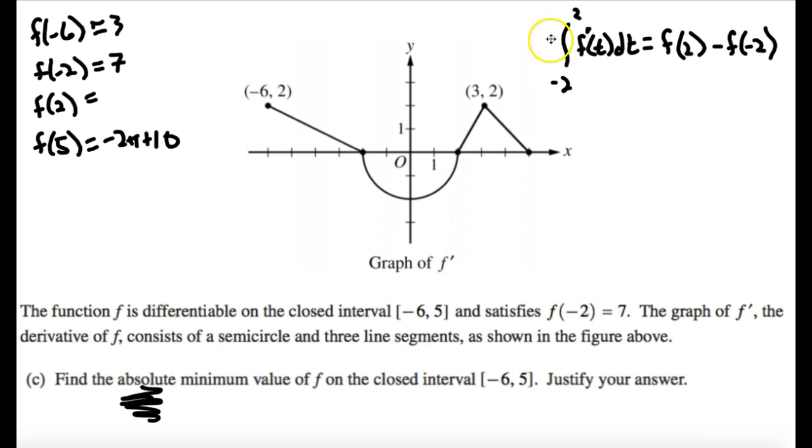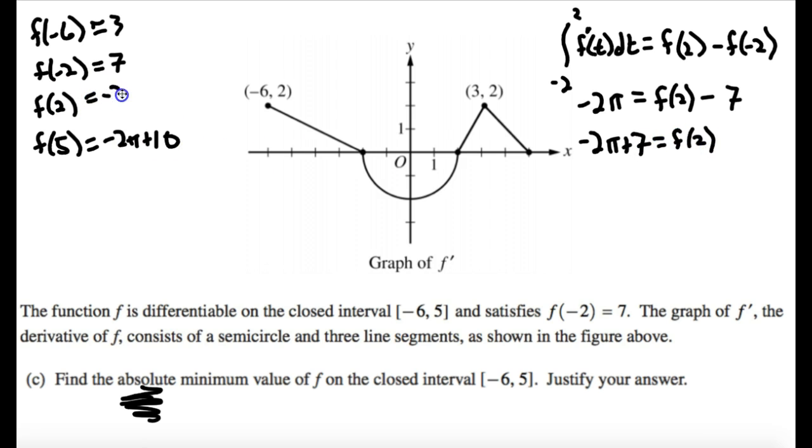So this would just be the area of this semicircle, which we already found would be 2 pi, but it's beneath the x-axis, so that'll be -2 pi equals f of 2 minus f of -2, which we know is 7. So add the 7 over, we get -2 pi plus 7.